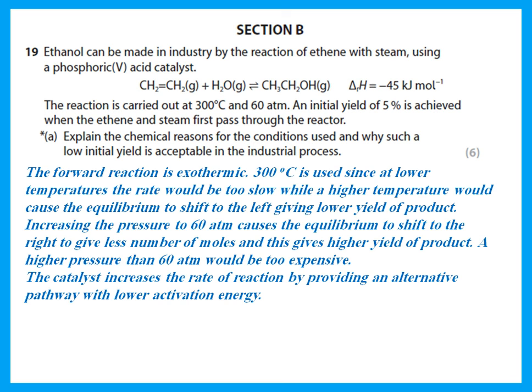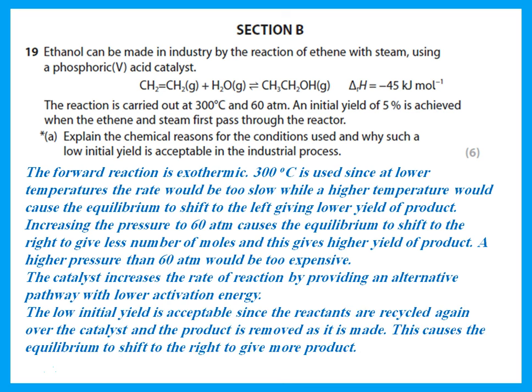Now, he says we use phosphoric acid catalyst. Remember that the catalyst increases the rate of the reaction. It provides an alternative pathway with lower activation energy, so that I do not need to raise the temperature in order to make my reaction faster. So the catalyst increases the rate of the reaction without being too expensive. Now, he's saying it will give a low initial yield.